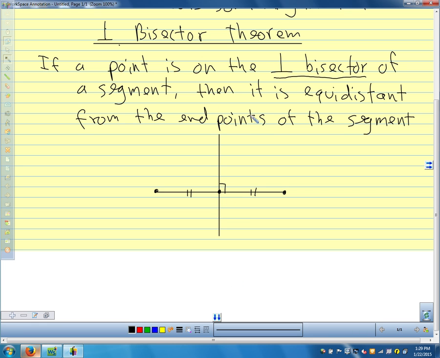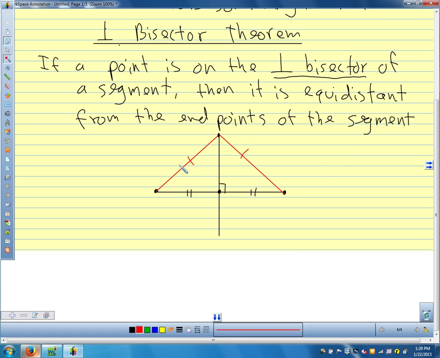What the theorem is telling us is that any point on this perpendicular bisector, so I'll pick this one, any point there is equidistant from the endpoints of the segment. So if I draw this and I draw that, those two red segments are going to be congruent. That's what this theorem tells me.